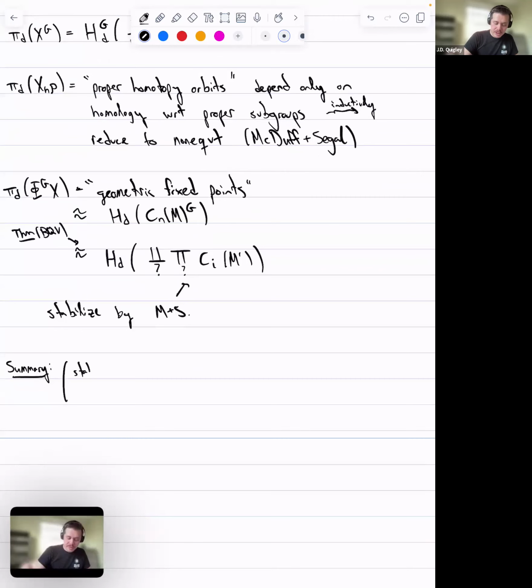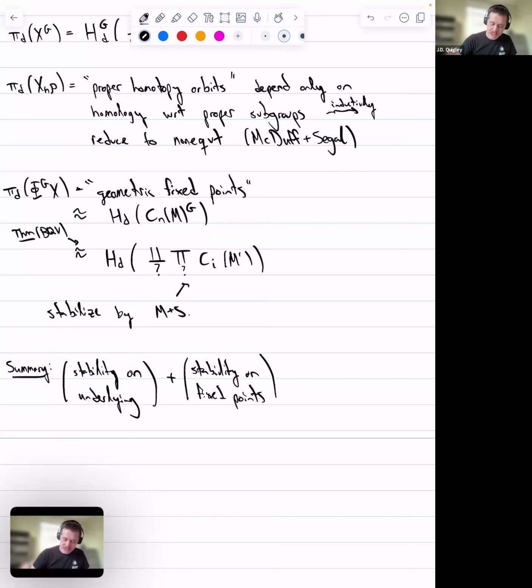So we have stability on the underlying plus stability on the fixed points. And using that long exact sequence, that gives you Bredon stability.